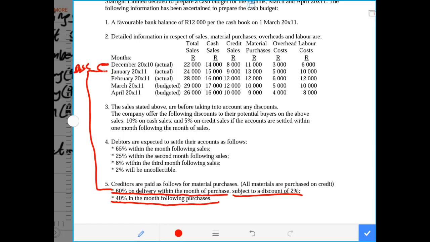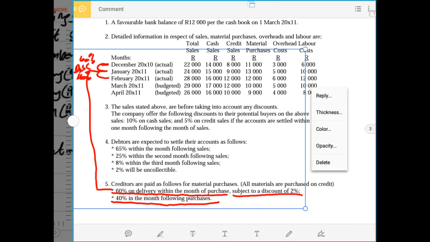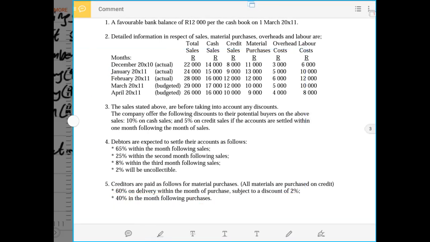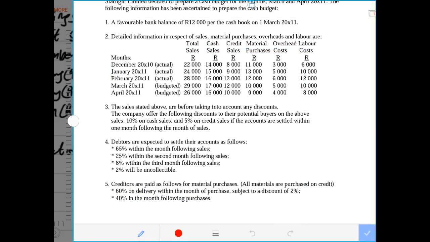And 40% will be paid in February with no discount. And we are not doing a budget for April either. So we will not be taking into account December, because the payment falls outside the budget frame that we are doing.